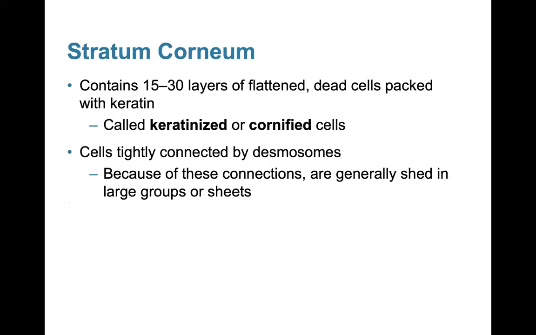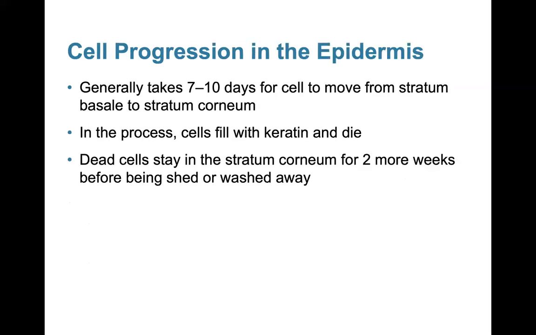And finally, the stratum corneum is going to contain about 15 to 30 layers of flattened, dead cells packed with keratin. They are called keratinized or cornified cells. These cells are tightly connected by desmosomes. Because of these connections, they are generally going to be shed in large groups or sheets.